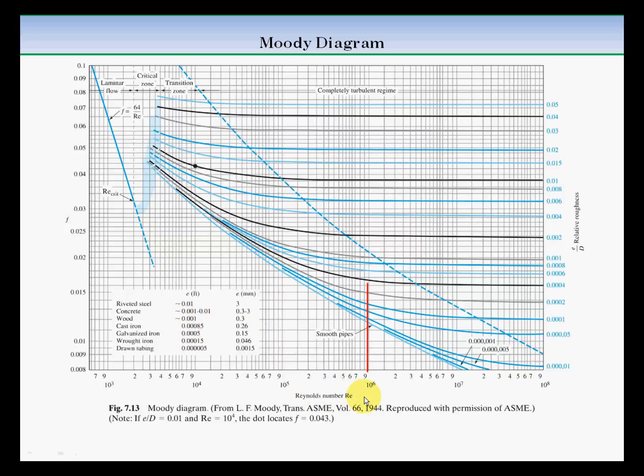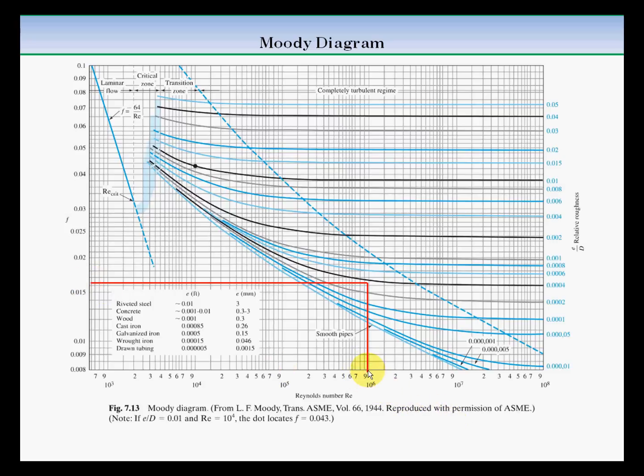So let's do another example. Say if your Reynolds number was 10 to the power 6 and the relative roughness was 0.0004, then the friction factor would be 0.16 and something.